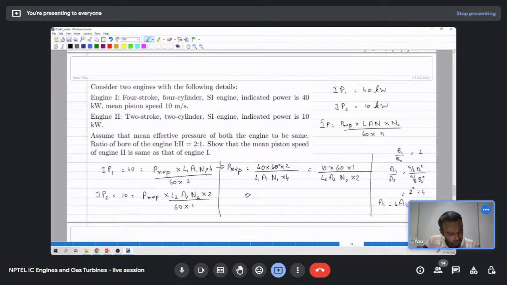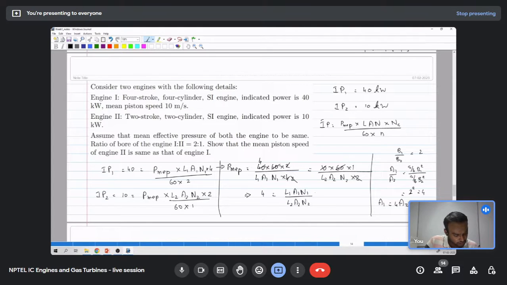We have 60, which can get cancelled. We have 2 and 4 and 2, which will become 2 in the denominator, and we have 2 here, 2 here. So this will become 40 and 10 will become 4. So we have 4 is equal to L1 A1 N1 divided by L2 A2 N2.